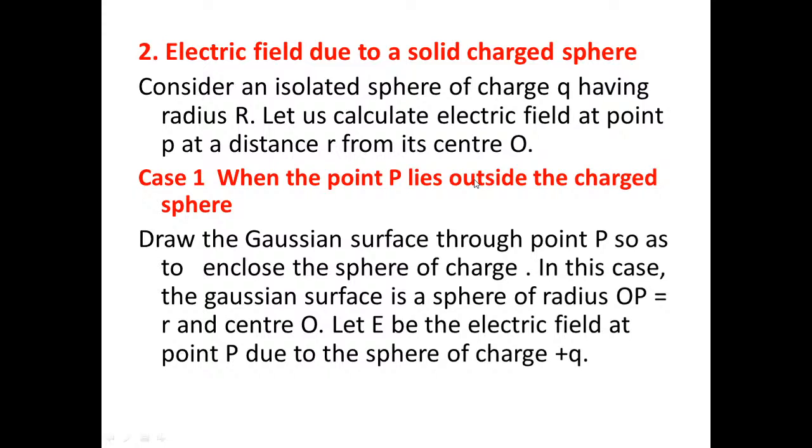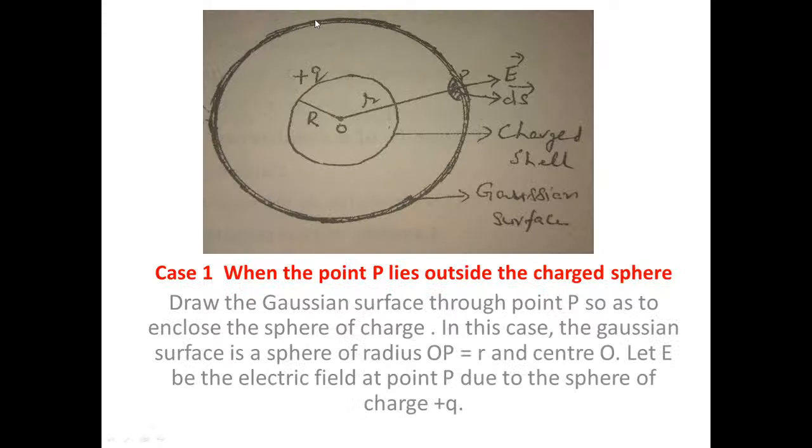Then second is electric field due to a solid charged sphere. This is your solid charged sphere, having radius r, and here P is a point where we want to find the electric field intensity due to this solid charged sphere. So there are three possibilities.